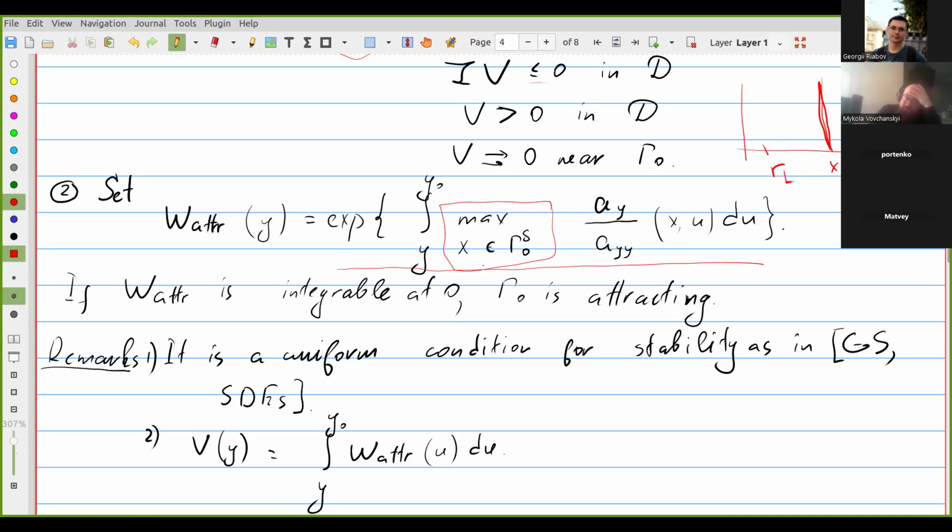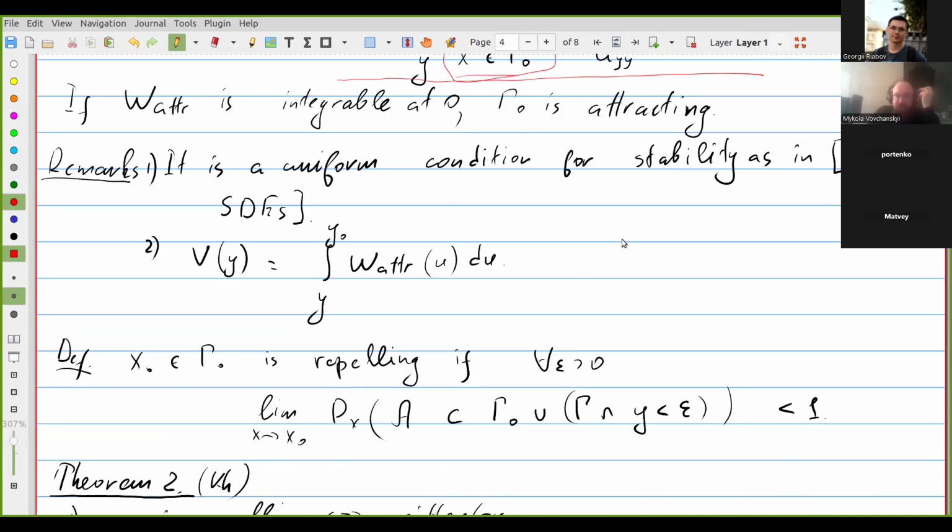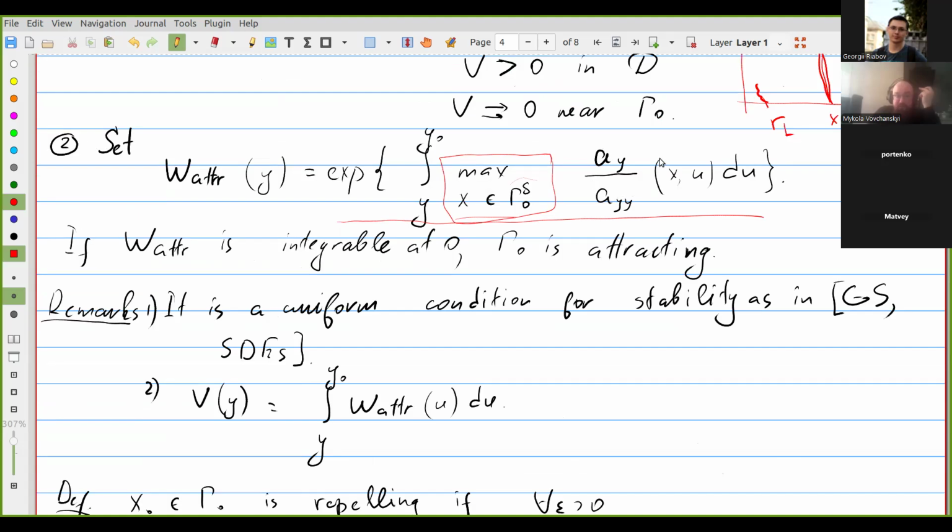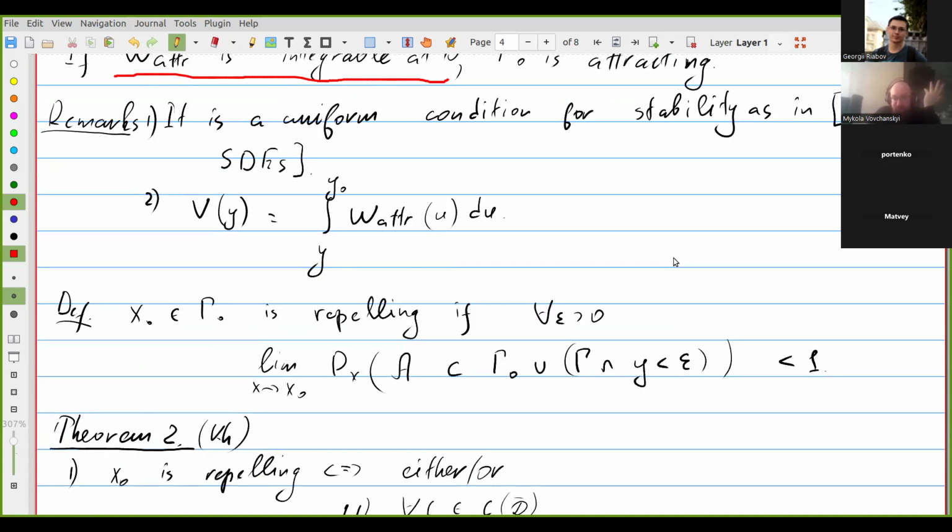So this is here, and this is some enlargement of gamma 0. The enlargement happens because we have this boundary behavior here, this gamma. And the barrier is constructed very easily. And the theorem goes: if this is integrable, then gamma 0 is attracting.